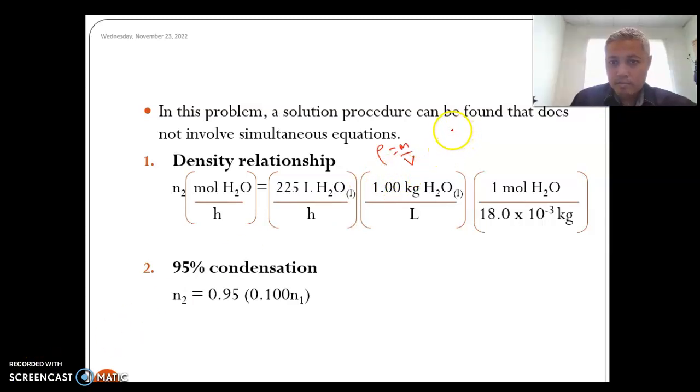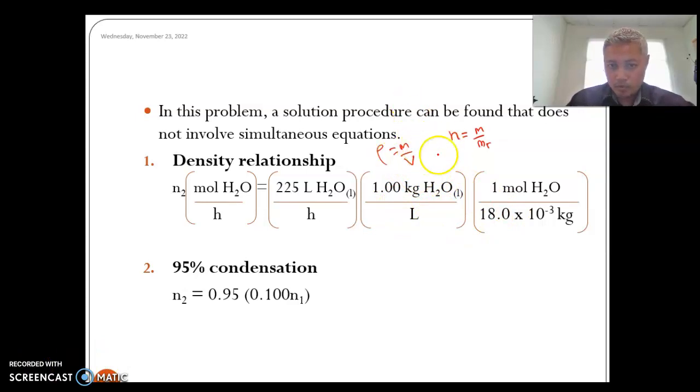Then we also have N equals M over MR. So we can use these two equations to convert the unit of 2.5 liter H2O per hour to mole H2O per hour. What we need to do is times with the density, and then divide with the MR.